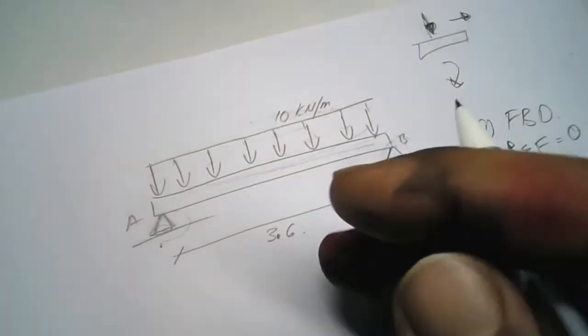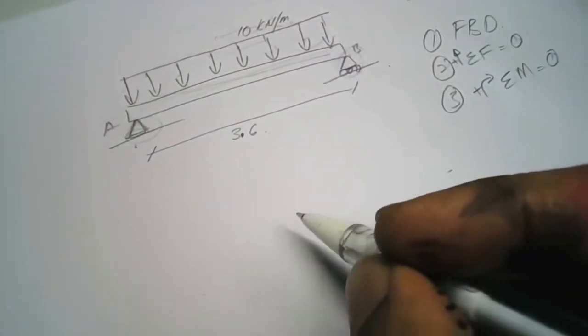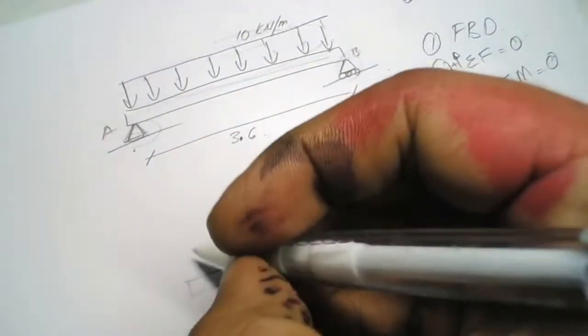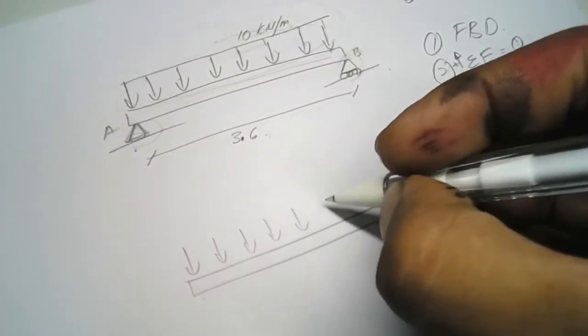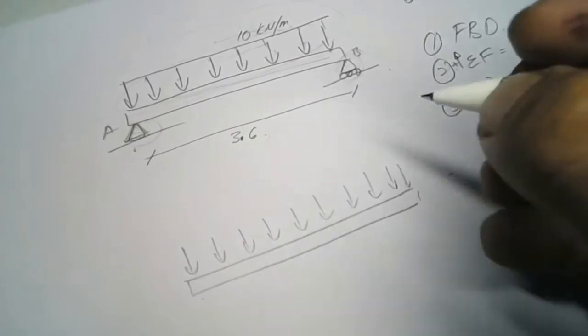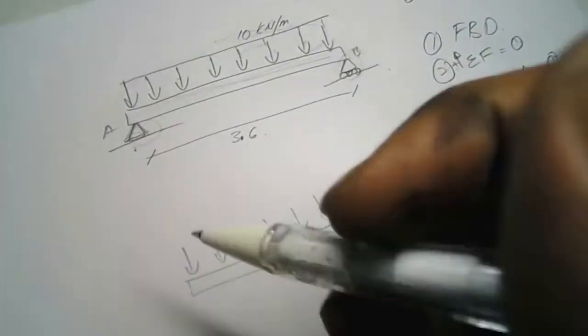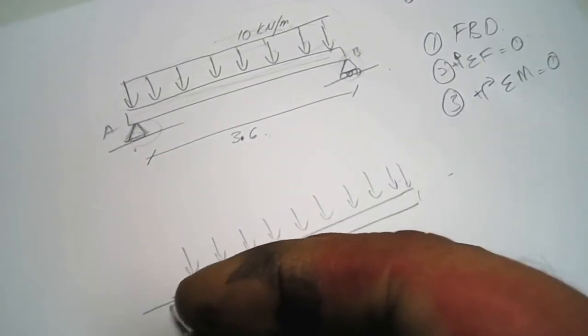We go to the first step. You have to draw our free body diagram. This is our beam and this is our arrow for the distributed load. The corresponding forces for the pin support are a vertical and a horizontal.